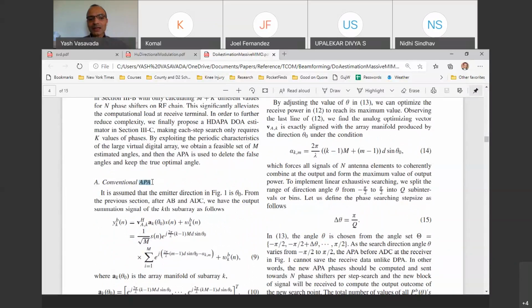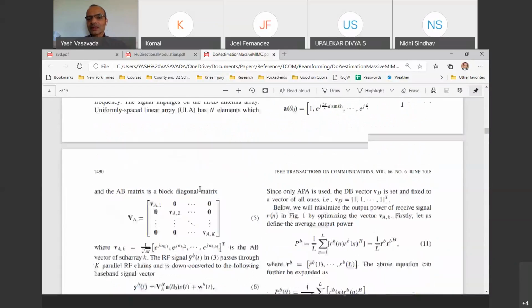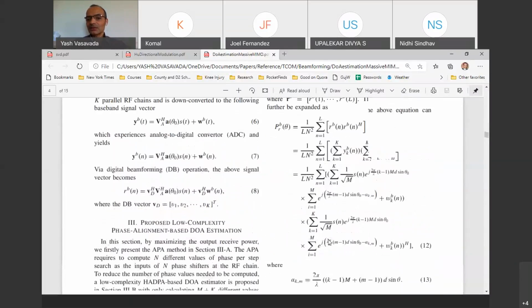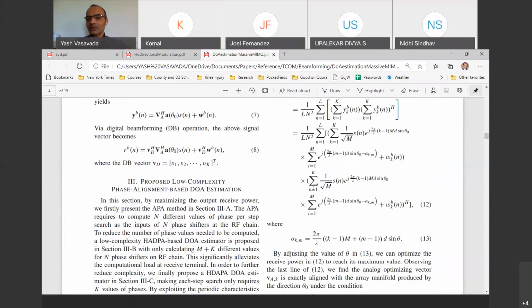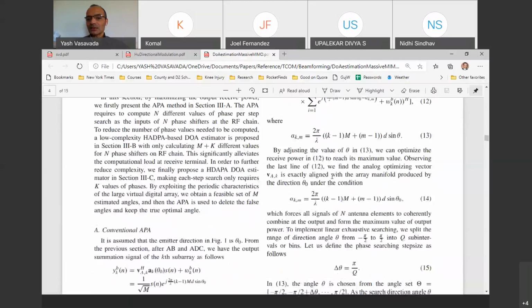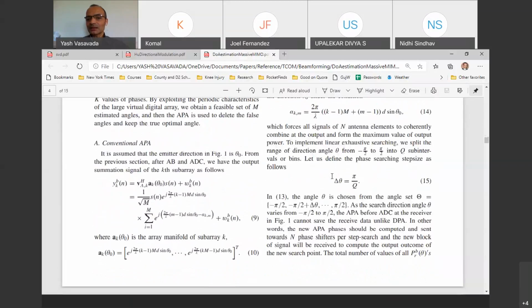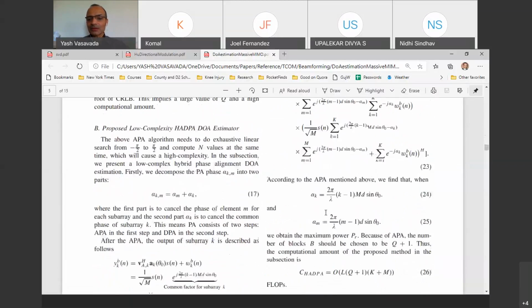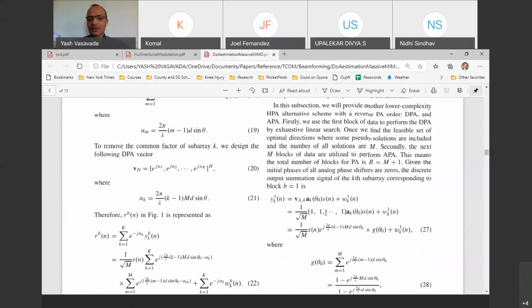For the conventional analog phase alignment, where all of this is just completely done in analog, they have said what will be the output of this type of matched filtering. And it turns out to be very much similar to what we had done. Somewhere I will show you that formulation.